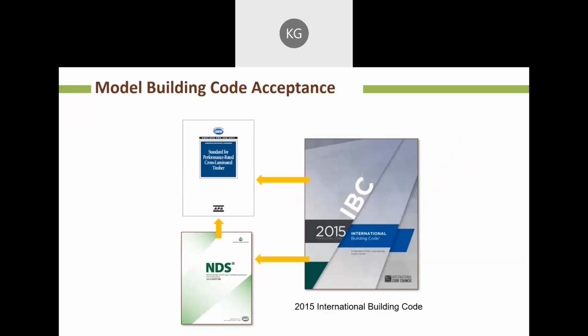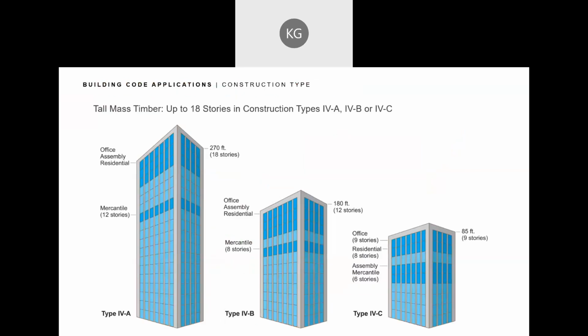And CLT has been in the code since 2015 IBC. Back then it referenced the NDS and the APA PRG 320 product standard. And then looking ahead to the 2021 IBC, this has got 3 new building types, which are really exciting. It's 4A, 4B, and 4C.